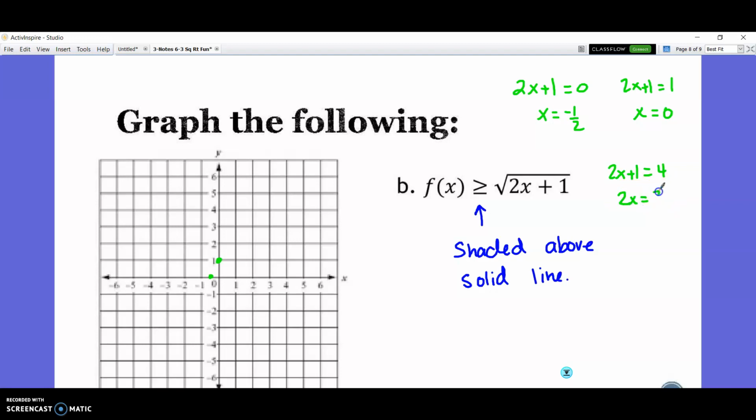So 2x would equal 3, x would equal 3/2. So 1.5. At 1.5, the square root of 4 is 2. And that would look like this. Solid line, and then shaded above. So I would shade above here.